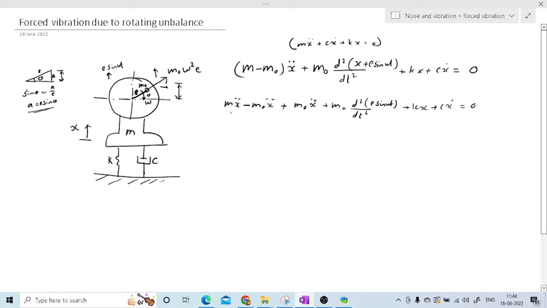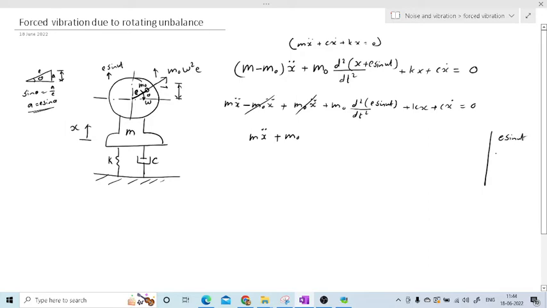Okay, so here this minus and this plus term will be cancelled, and this will remain as mx double dot plus m naught. Now take the differentiation of this term 2 times. What is the differentiation? E sin omega t, we have to take the differentiation.